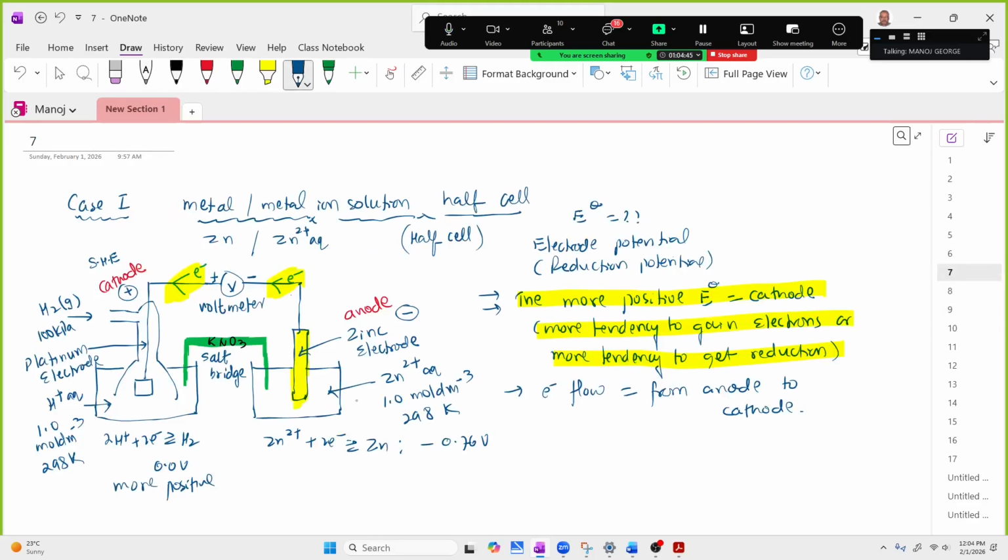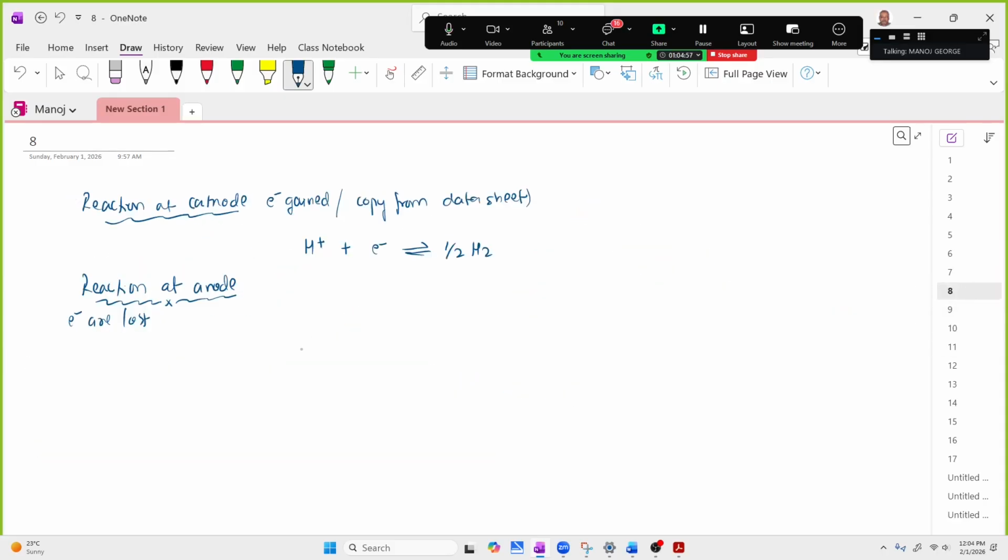This is the equation happening at the zinc half cell. But in this equation, do you notice zinc ion is gaining electron? So whenever you write the anode equation, please remember you are supposed to flip the reaction from data sheet. Tell me, did you understand why I said this? Flip the reaction from data sheet.